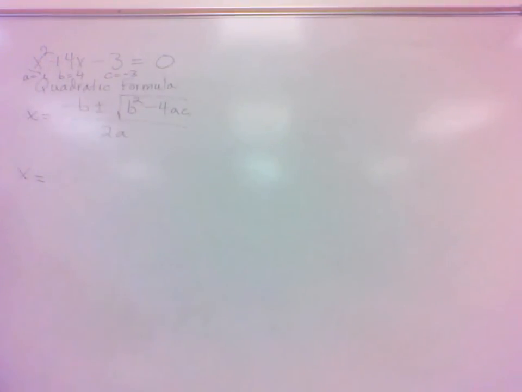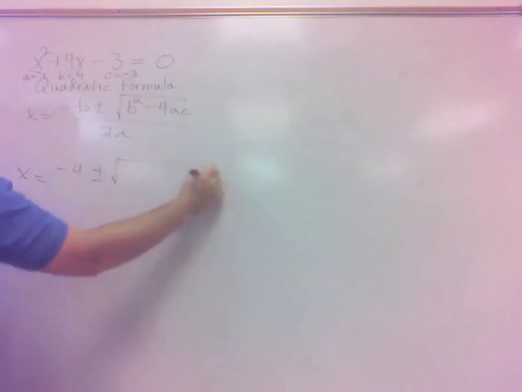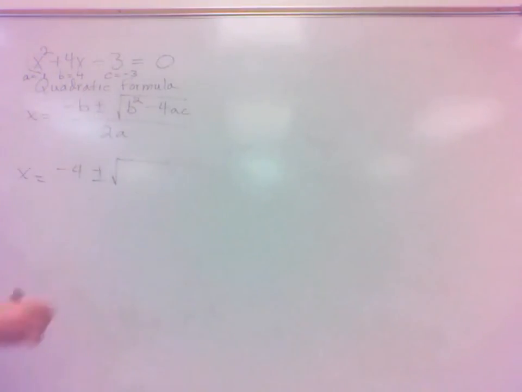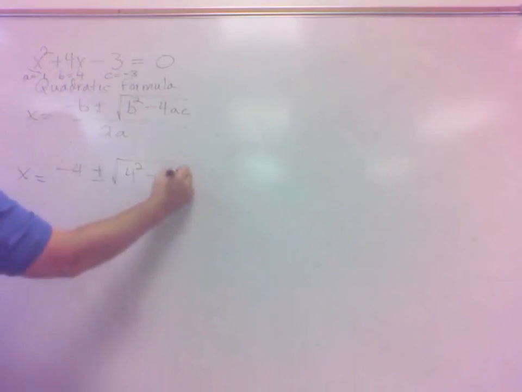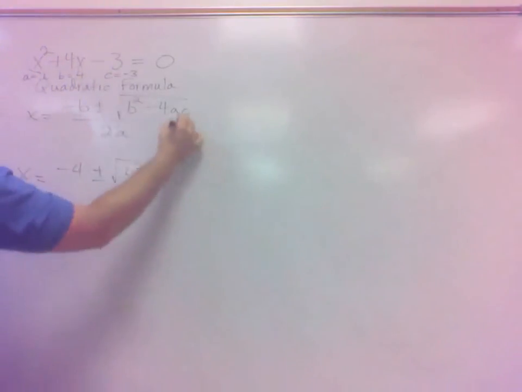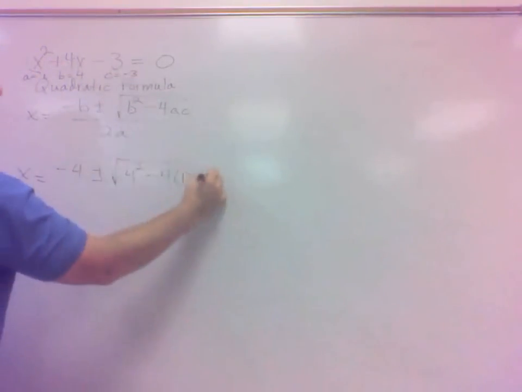The way I like to think of the first part, the minus b, is that it just means the opposite of b. b is 4, so the opposite of b would be negative 4. Then I do plus or minus the square root of b squared, so I'm going to square the b, that would be 4 squared, minus 4 times a, which is 1, times c, which is negative 3.